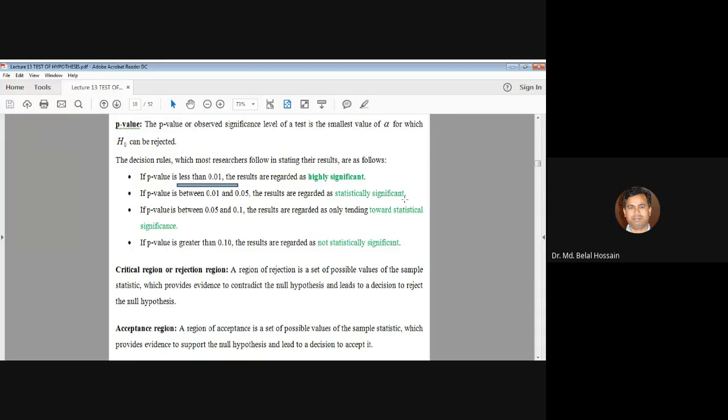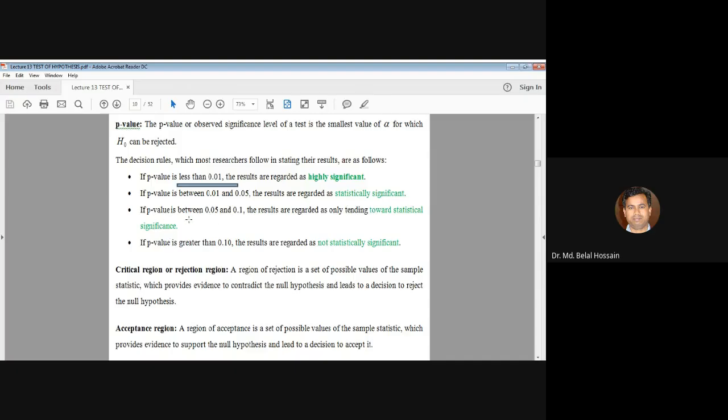Okay. These days, manual decision making is actually not done, as the computer is calculating the p-value with the help of software easily. Okay, so decision making will be easier with this p-value.